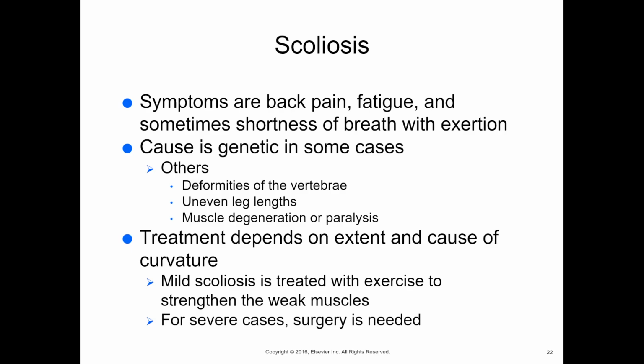Now, if there is a structural cause, and the scoliosis is actually causing issues, they might do something to help alleviate it. But generally, you have to have a pretty severe scoliosis in order to receive surgery. Some pieces of the literature say as small as 35 degrees, but typically you're talking about orthopedic involvement at 40 degrees or above.